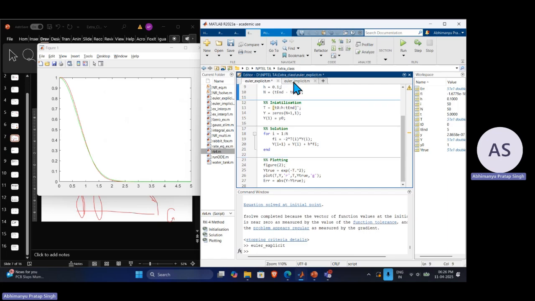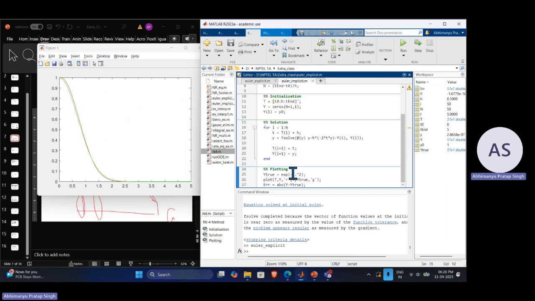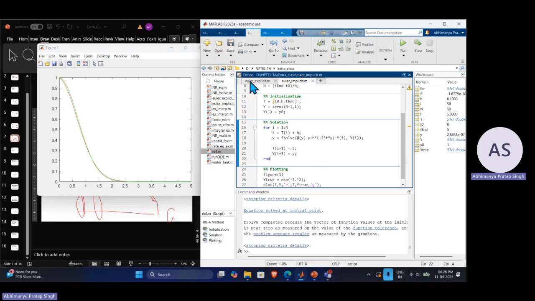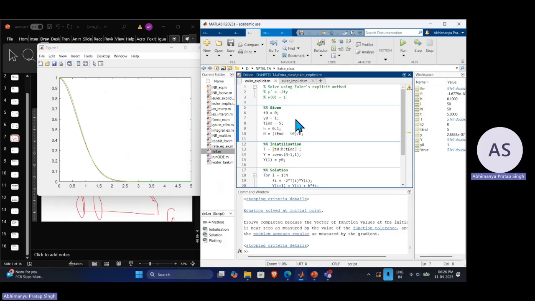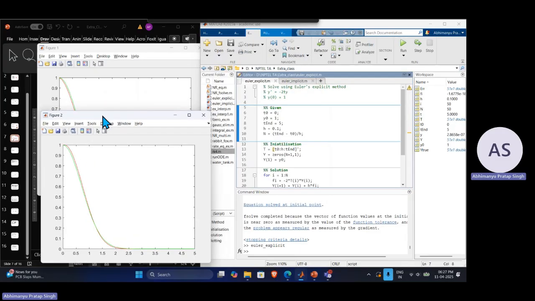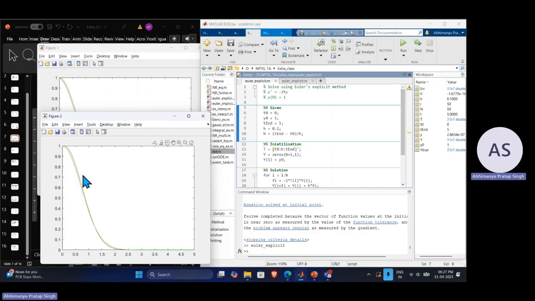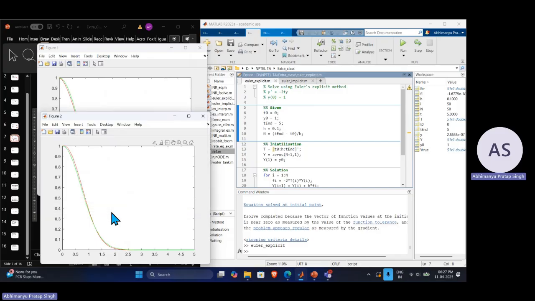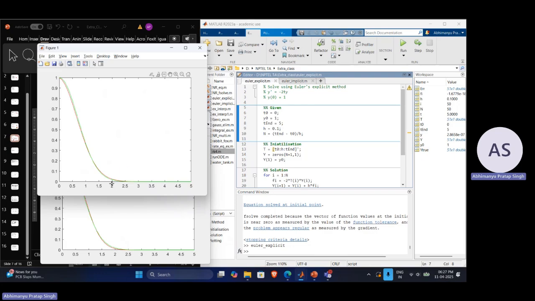So I will do this on figure 2, and I will do this plotting on figure 1. So this is my implicit method for 0.1, and this is my explicit method for 0.1. You can see that for the same h value, my implicit method is much better as compared to my explicit method. There is a large gap over here, then a large gap over here as compared to this one.